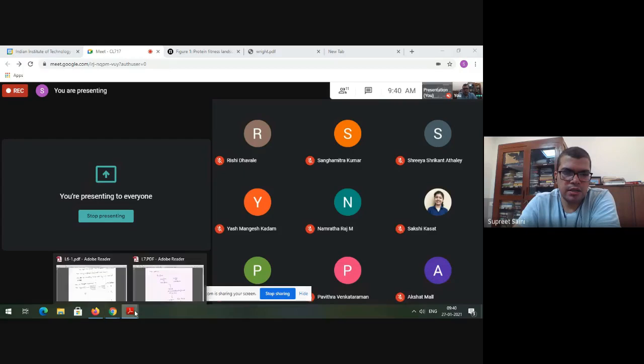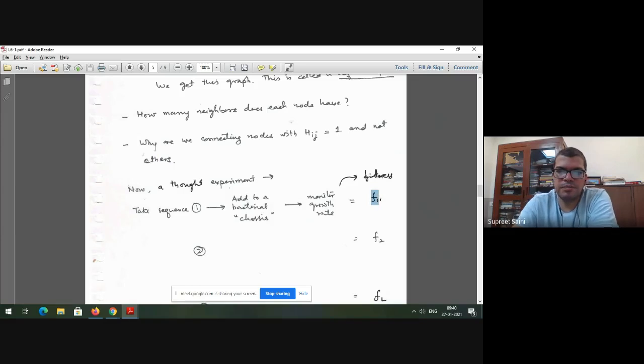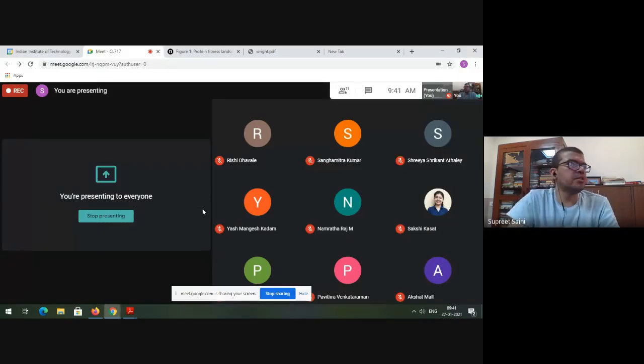When I do that, I note a certain growth rate, and 1 upon that growth rate will be the fitness corresponding to sequence number 1. Does that experiment make sense?